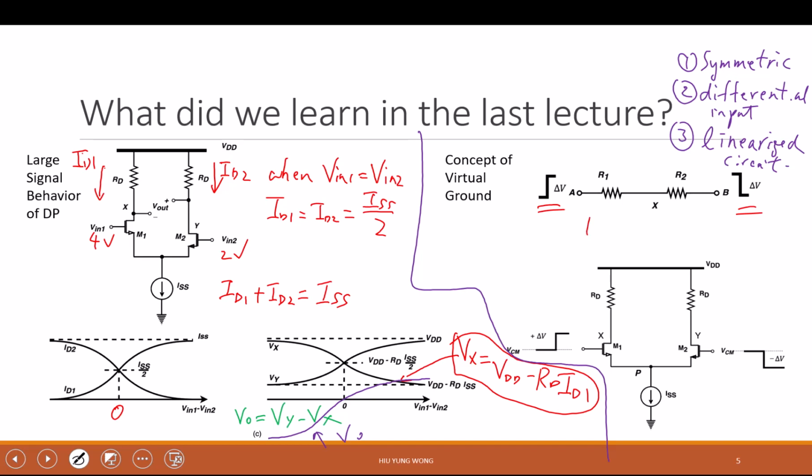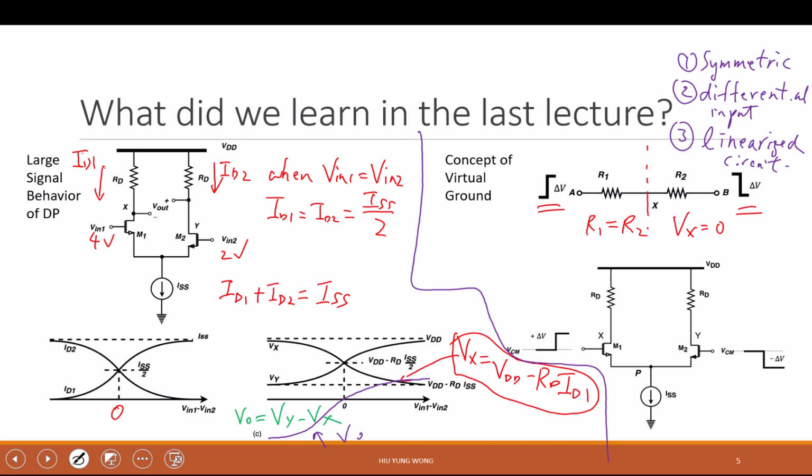And here we assume R1 equals R2, so they're symmetric about here. And it's just a resistor, so it's linear. Even if I have a large signal, it doesn't matter. It's still linear, right? So then I can say Vx equals 0, virtual ground. Okay, it is not connected to ground, but it's always 0 in AC signal, right? Or in this case, it doesn't matter to be AC, right?